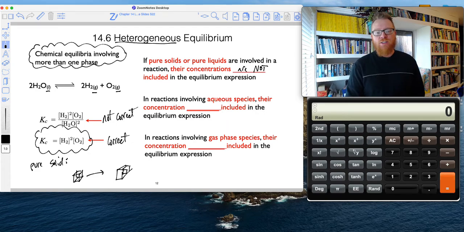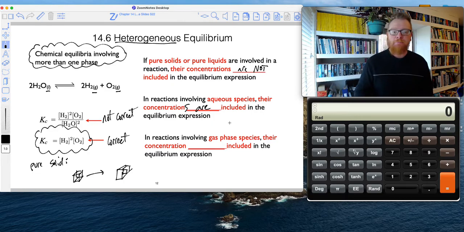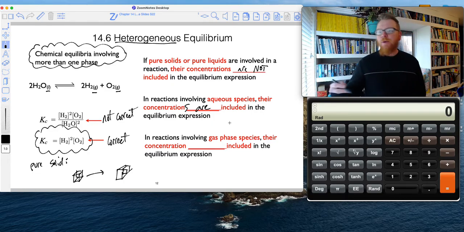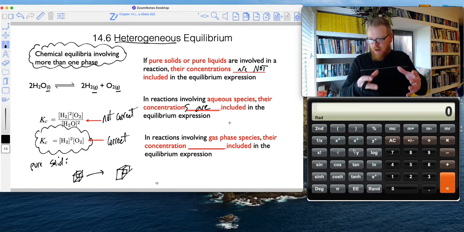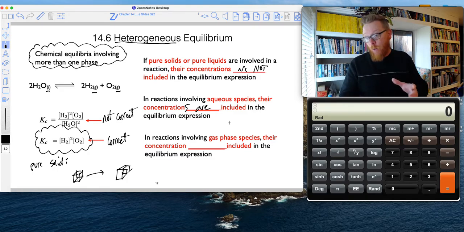Well, what about aqueous species? In reactions involving aqueous species, their concentrations are included in the equilibrium expression, because an aqueous species is a certain number of moles of solute dissolved in a certain number of liters of solution. The liters of that solution remain fixed if the aqueous species is reacting away.